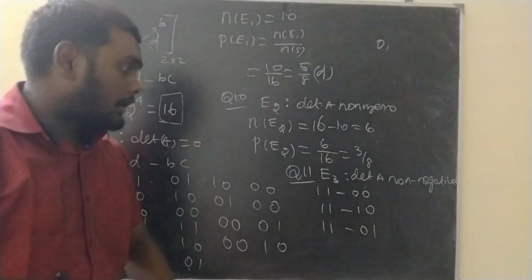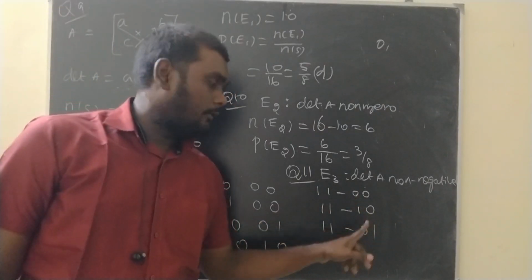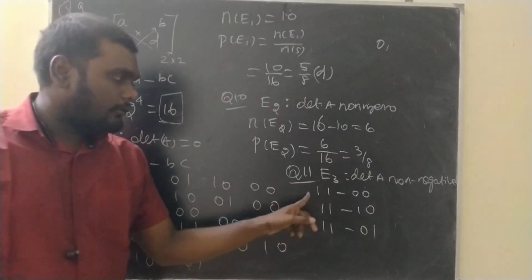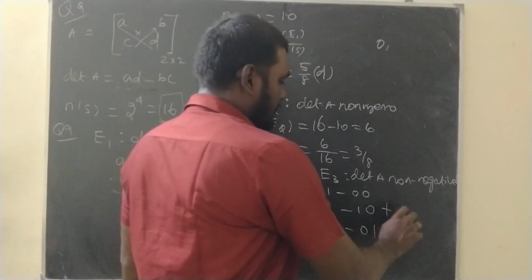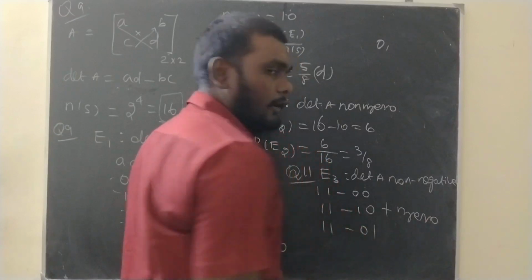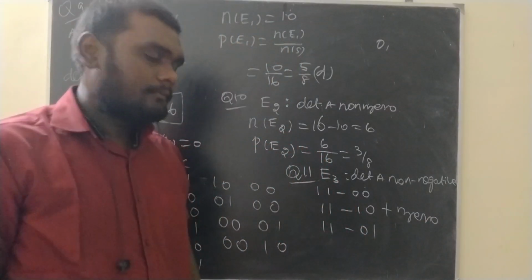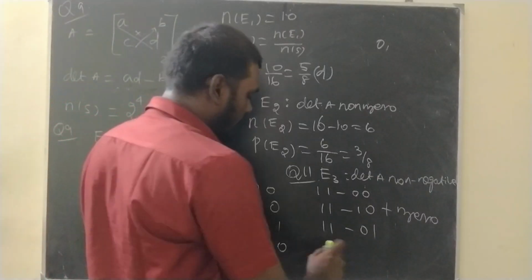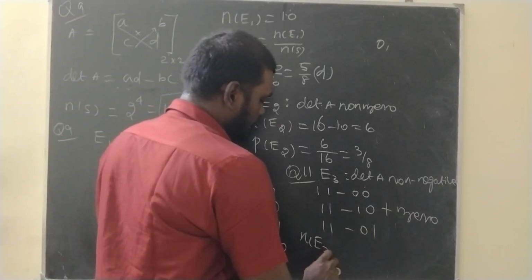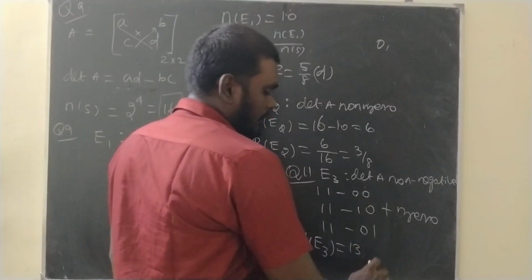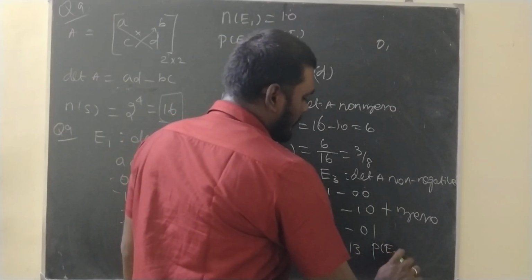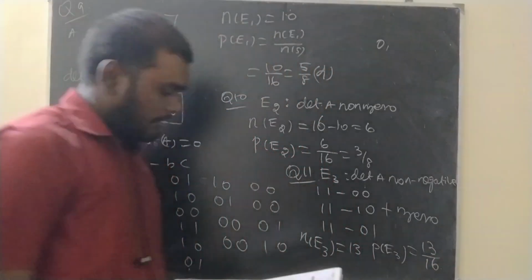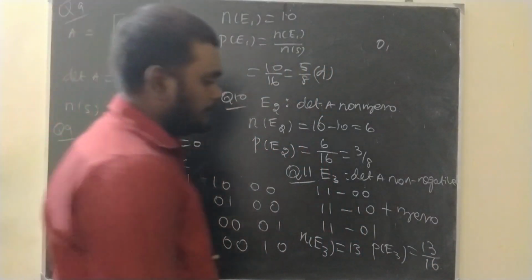Whatever I mentioned here, this is 1 into 1, 0 into 0, the AD minus BC form. So these 3, along with the 0 ones, will come, right? 0 is also non-negative. So 3 plus 10, that gives 13 favorable outcomes to this event. And we have probability of E3 as 13 by 16, which is option B.